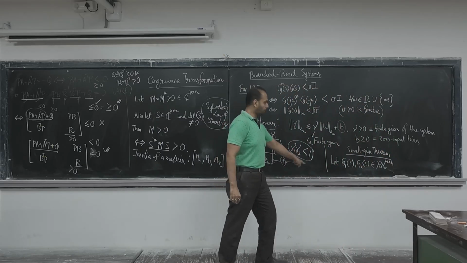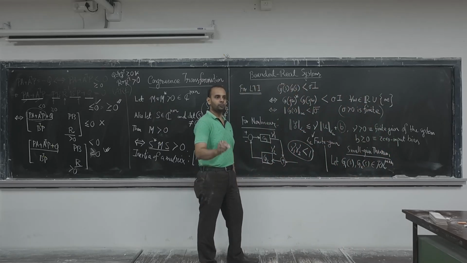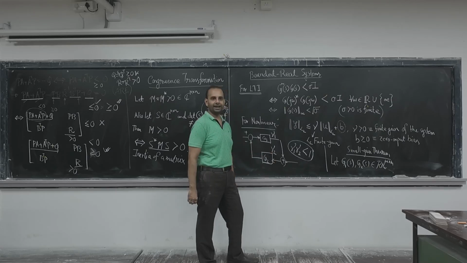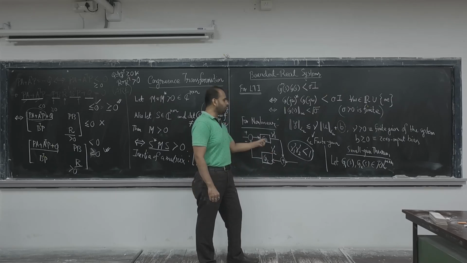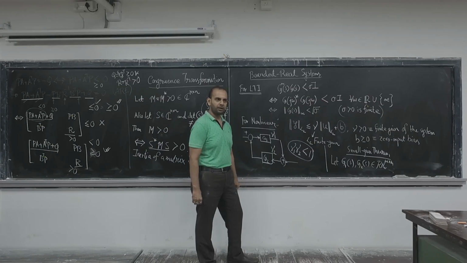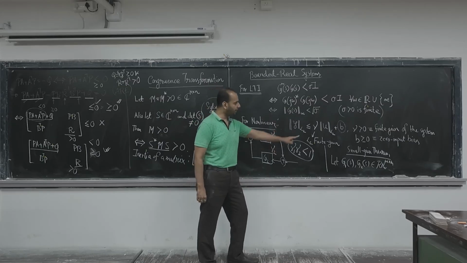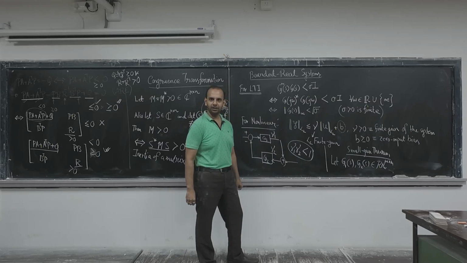Now suppose, what will be the specialized form if they are LTI? Then of course we can define their transfer function matrices G1 of S and G2 of S. Then in the LTI form they will belong to the space of RH infinity.